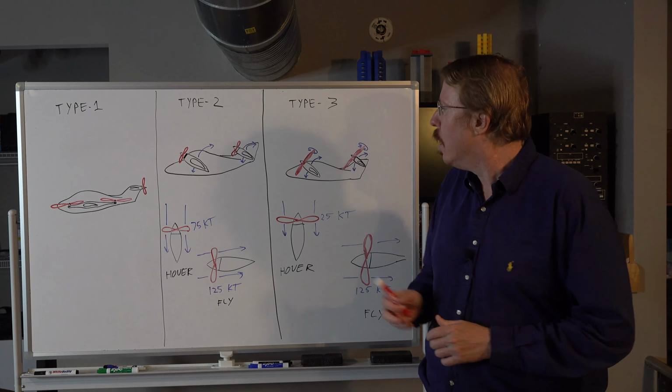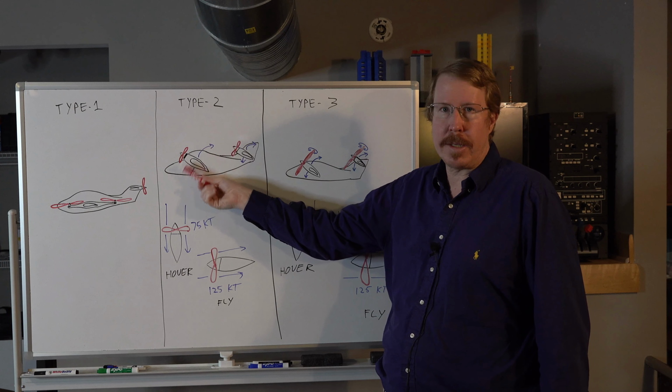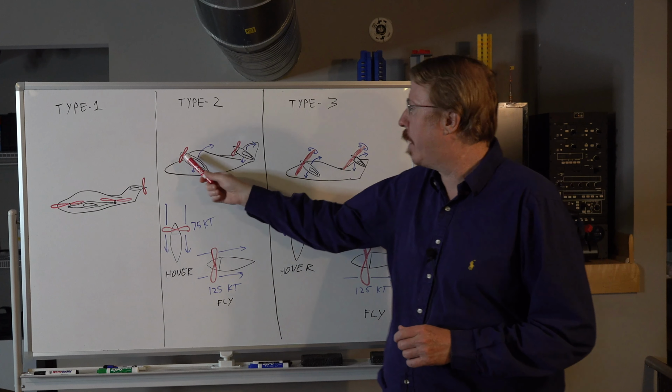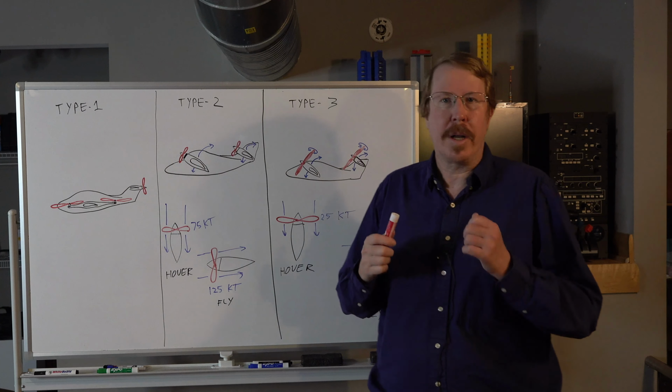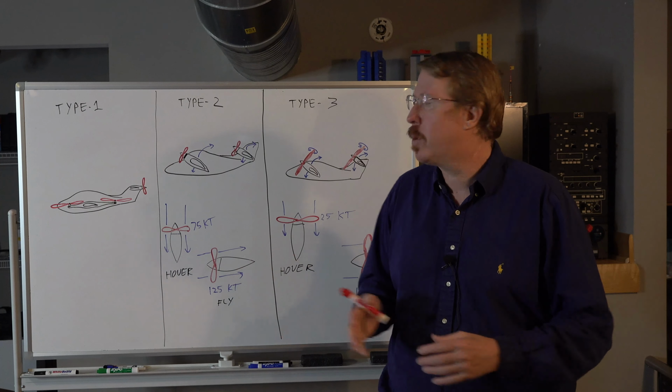So the Type 2 has the minimum additional complexity of just vectored thrust, but it still has the simplicity of fixed pitch props, but it comes at a price. The props must be small to have a high delta V, because only then will the hover and cruise conditions be close to each other, which they must be for a fixed pitch prop.